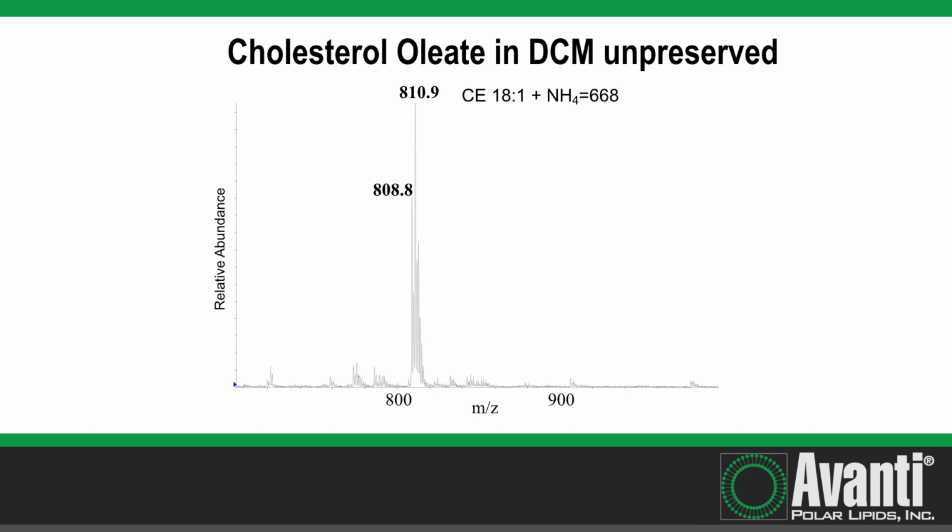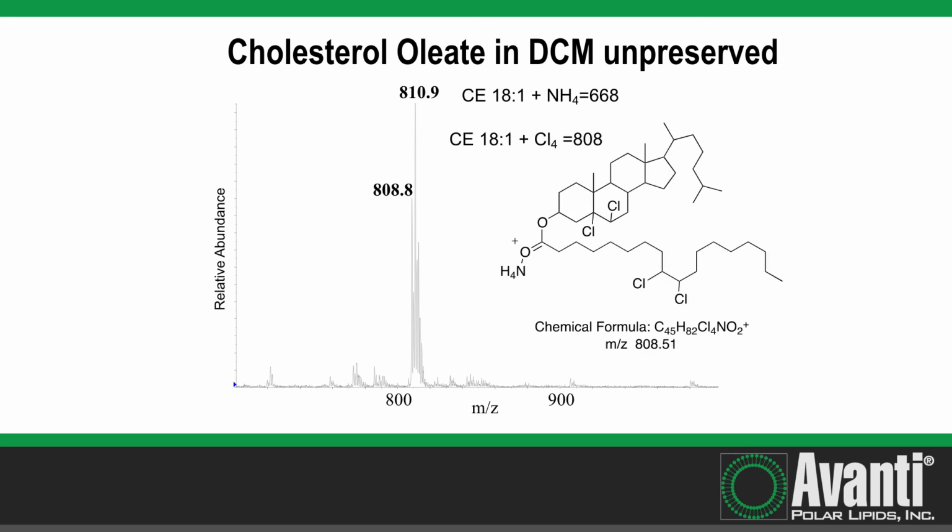We also found cholesterol oleate did the same thing with the unpreserved dichloromethane, 2 peaks, because it's got 4 chlorines in it, of all things. So it's not mass 668, it's mass 808. So it turns out that unpreserved dichloromethane had chlorine present, and that chlorine was adding to double bonds in the lipids that were present here.